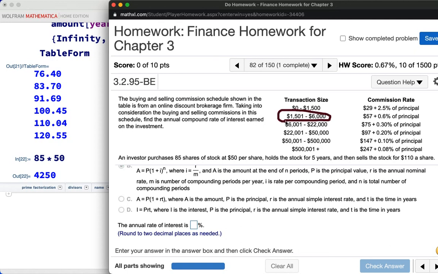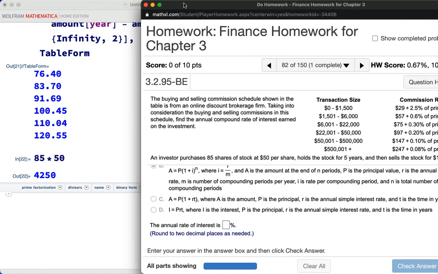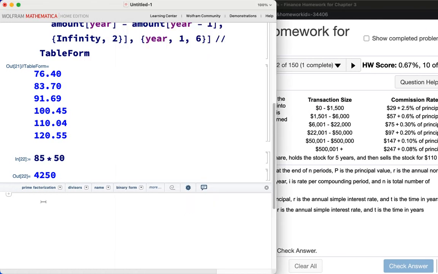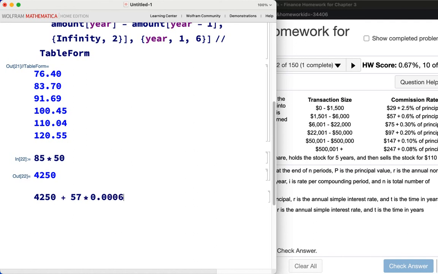So that means $57 plus 0.6% of the principal. That's the commission rate. So it's going to be $57 plus 0.0006 times 4,250.